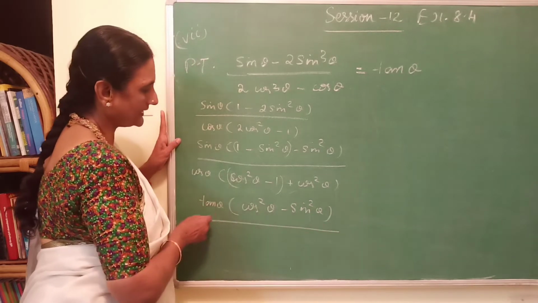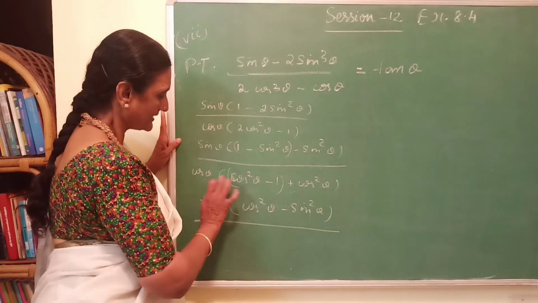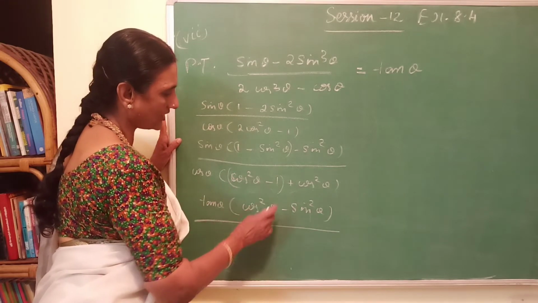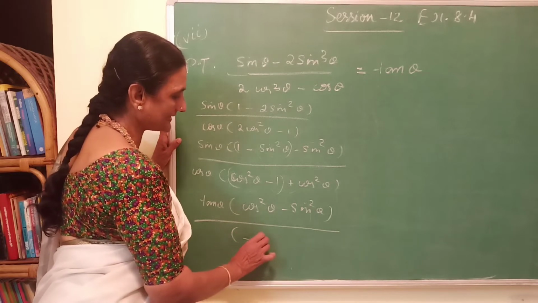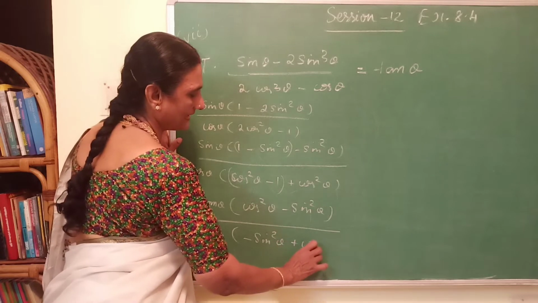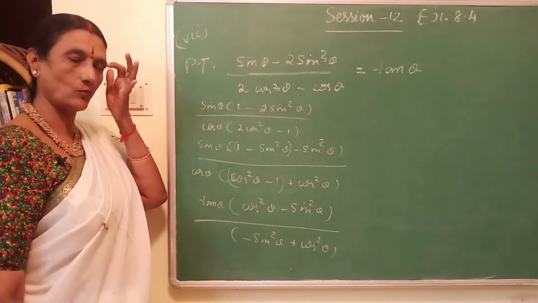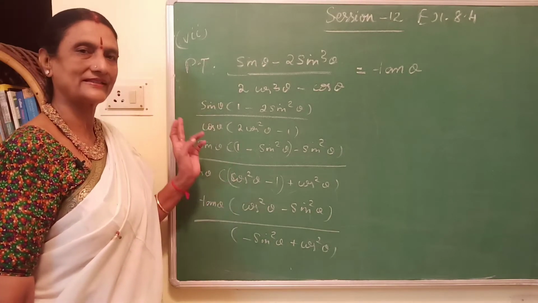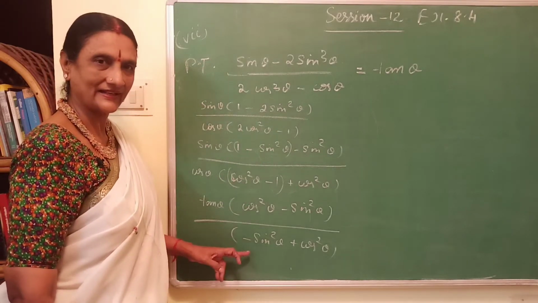For the denominator, the tan theta has already come to the top, and cos square minus 1 is nothing but minus sin square theta. That is very obvious: sin square theta plus cos square theta is equal to 1. Therefore, in cos square theta minus 1, the sin square goes to the other side of the equation, so it gets a negative sign.